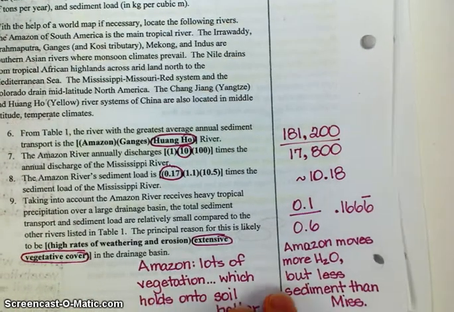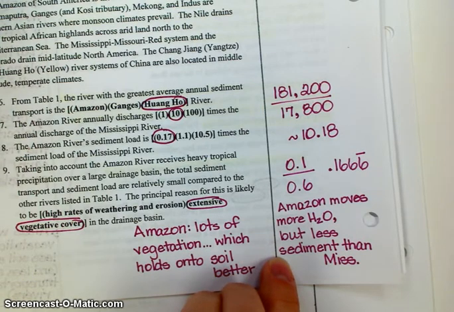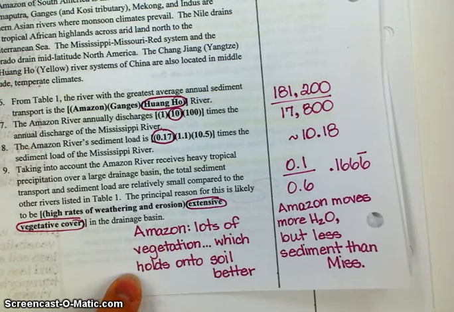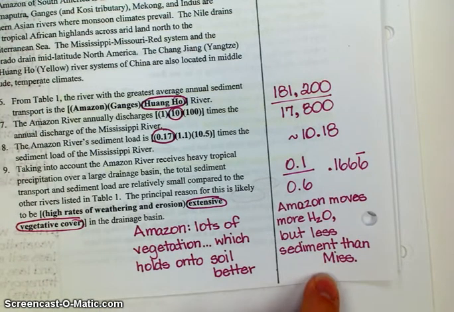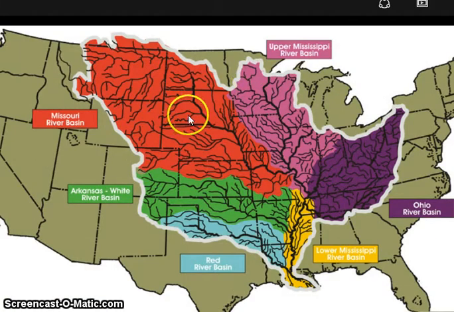even though the Amazon is moving a lot of water, it's moving less sediment relatively than the Mississippi. And the reason for that is that the Amazon is covered in vegetation. And vegetation holds on to soil better. The roots of all of those plants help hold the soil in place. If you think about the area that the Mississippi River is draining, a lot of this area is farm area, okay?